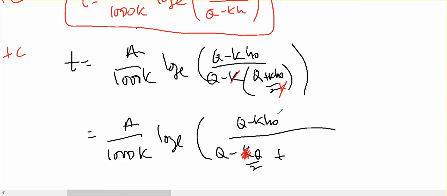So then I've got minus times a plus, so then I've got minus kH0 on 2.